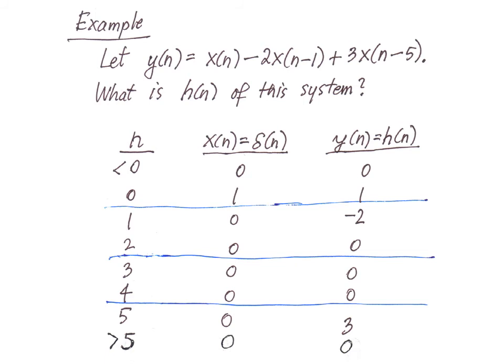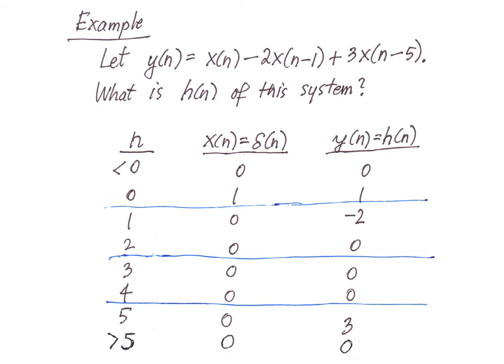As soon as that impulse arrives at n equals 0, the expression above states that y of 0 equals x of 0 minus 2x of minus 1 plus 3x of minus 5. All I did was plug in the value n equals 0 to get that statement.